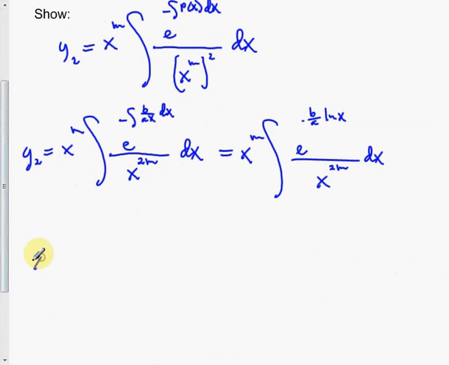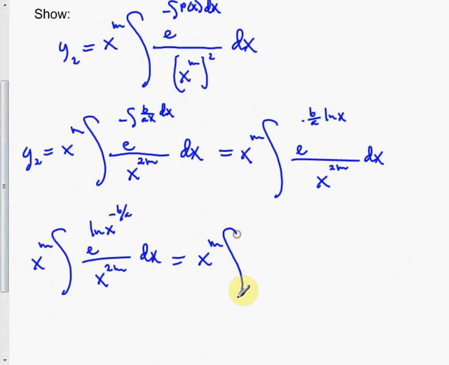So this becomes x to the m times the integral of e to the natural log of x to the negative b over a, all over x to the 2m dx. So this is x to the m times the integral of x to the negative b over a, all over x to the 2m dx.